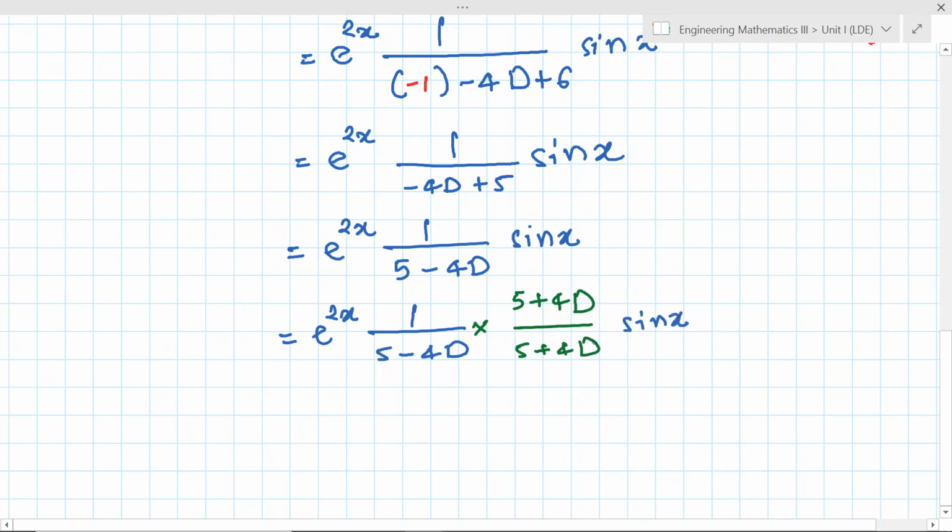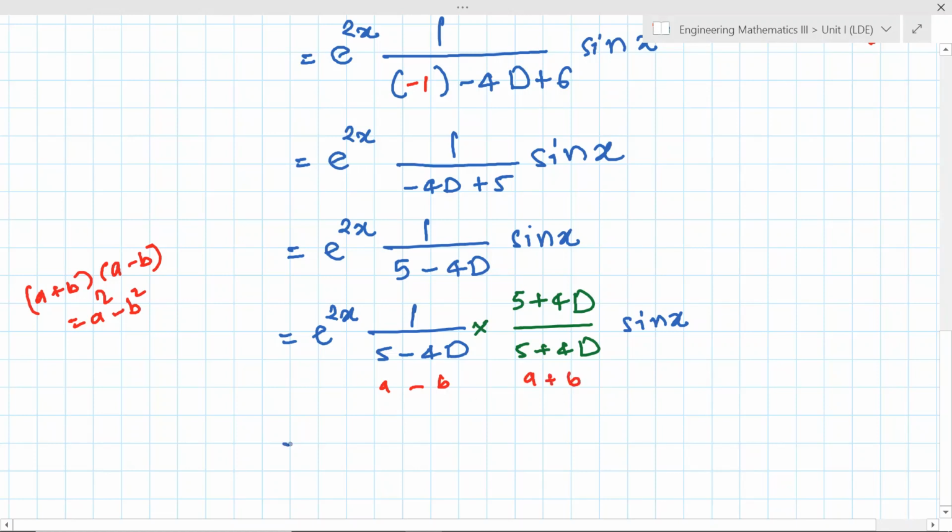In this way we'll get the D square in the denominator, because we have (a plus b) into (a minus b) equal to a square minus b square. So this is my a, this is my b, a minus b, and this is my a, this is my b, a plus b.